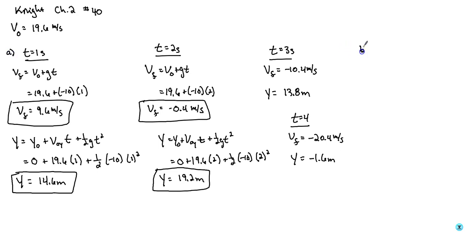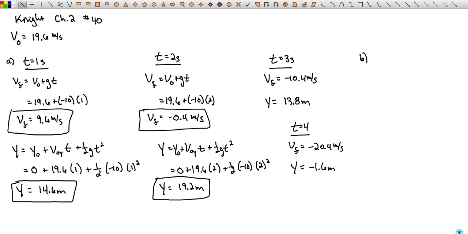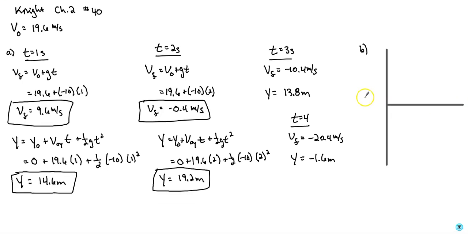Part B now wants us to graph the velocity time graph for these speeds. Right, so if I draw a graph real quick, and we know we have a velocity time graph, so it's really going to be Vy and T. And we're going through a couple different points, so we'll set the scale to be right here.